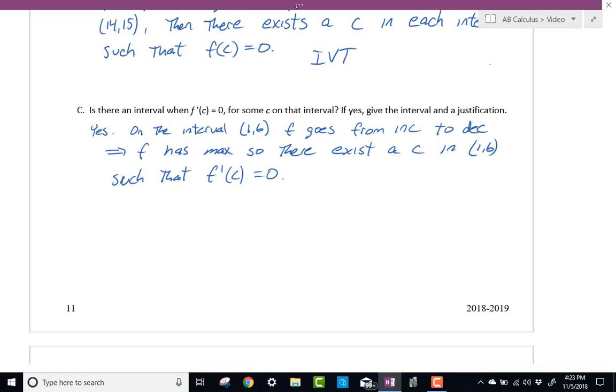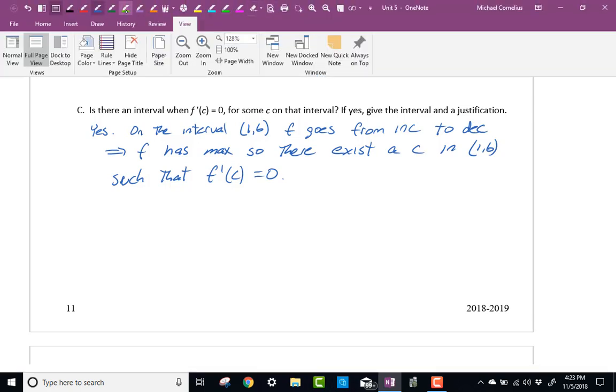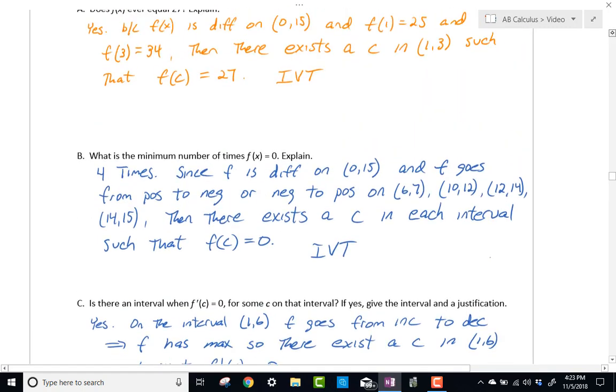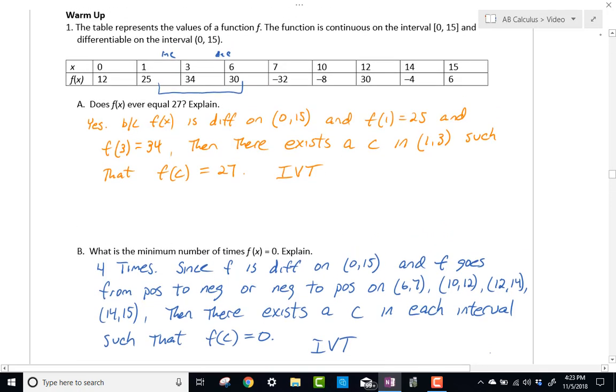Now, if you look at your chart, and I'm going to scroll back up here for a minute, we could have also used mean value theorem here. All right? So take a look at the chart again. The question again asks, is f prime of c equal to 0?